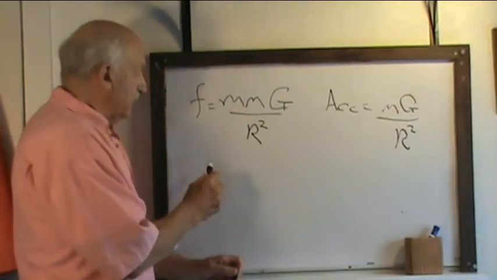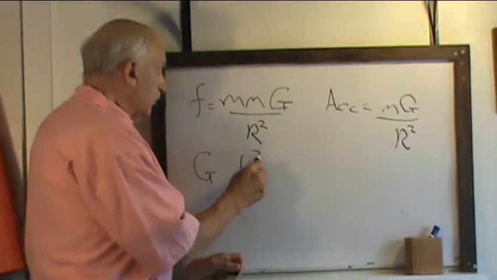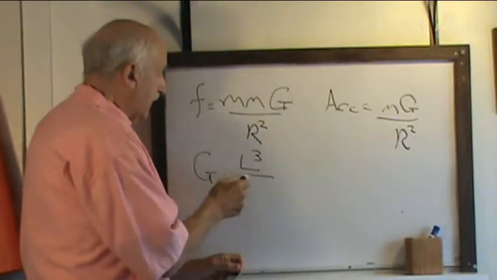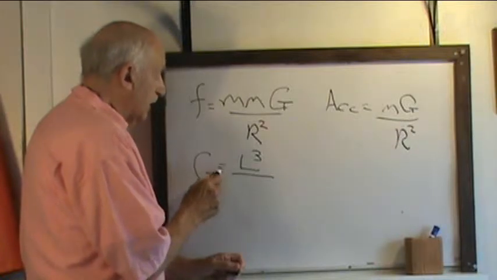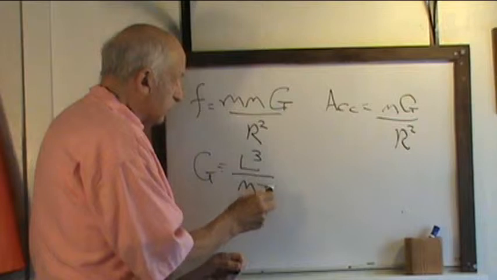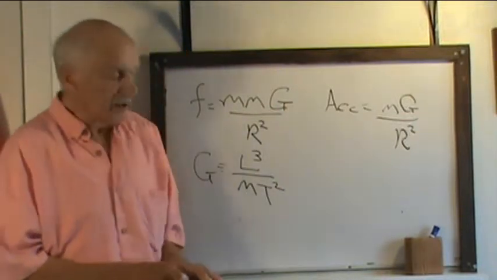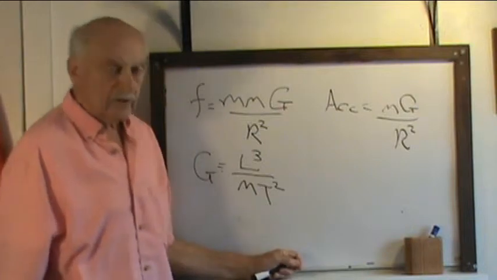It has the dimensions of length cubed divided by mass divided by the square of time. And this is quite a complicated constant.